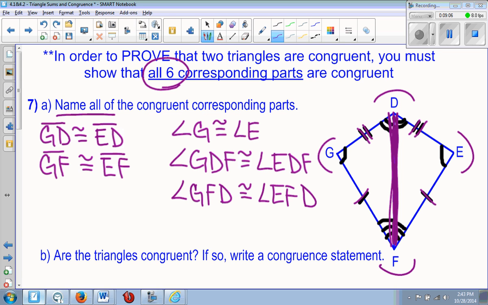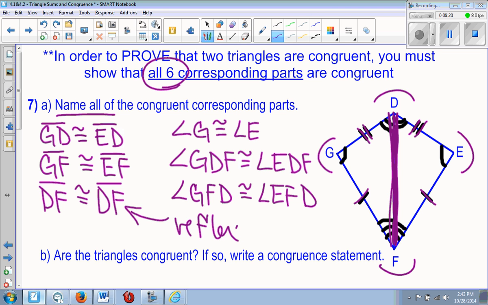So in the triangle on the left side, that side length is DF, and the triangle on the right side is also DF. Well, we know by the reflexive property that the last statement we just made is a true statement. We can say that something is congruent to itself. So since those triangles share that side, we can say that they're congruent to each other.